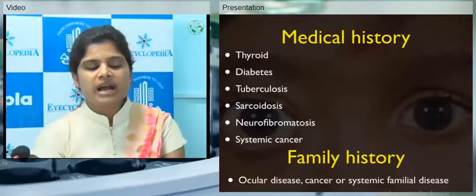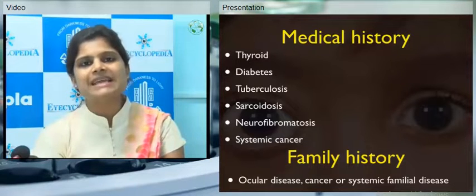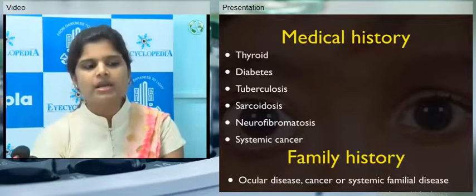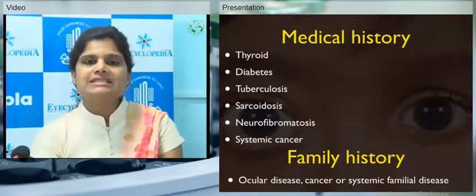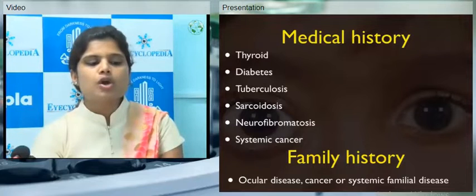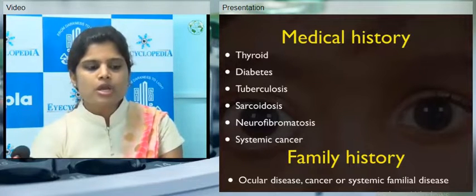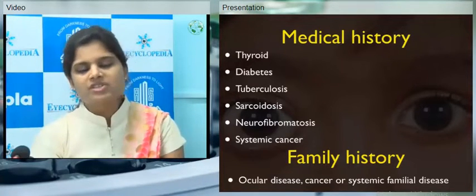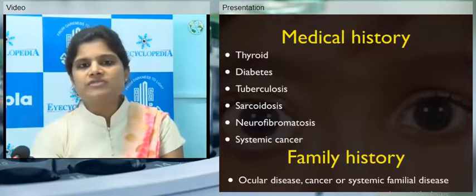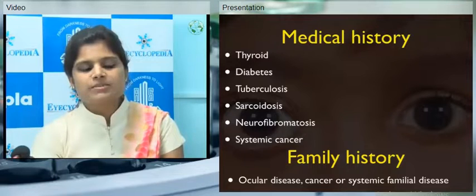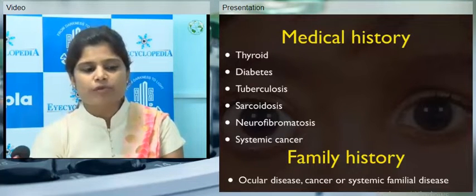The history that needs to be asked for is if the patient has any history of thyroid disease, if the patient is a diabetic, if the patient has any history of tuberculosis or sarcoidosis or neurofibromatosis, which the patient may sometimes be aware of, or any history of systemic cancer. So these medical histories have to be asked for.